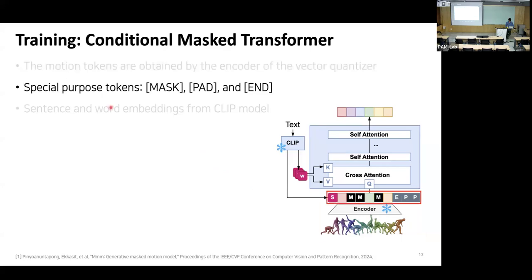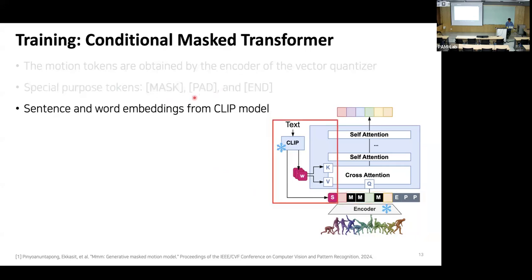And they also introduced the mask, pad, and end tokens for training the transformer with the masked motion model. And this model takes text conditions from two parts and generates the text-corresponding motions.